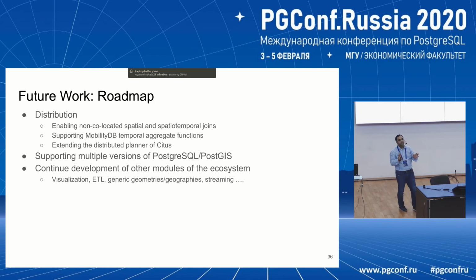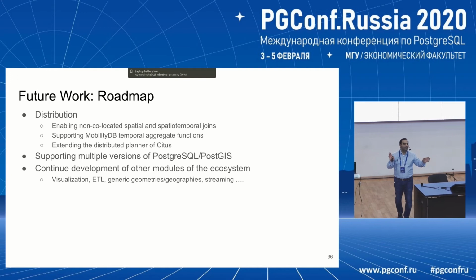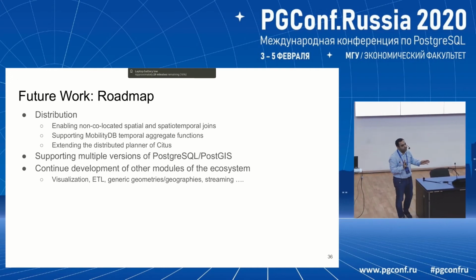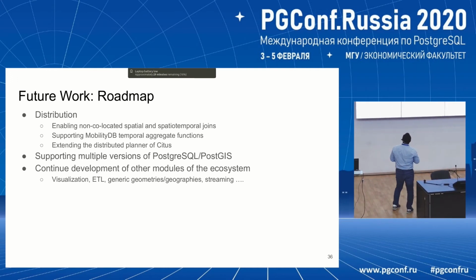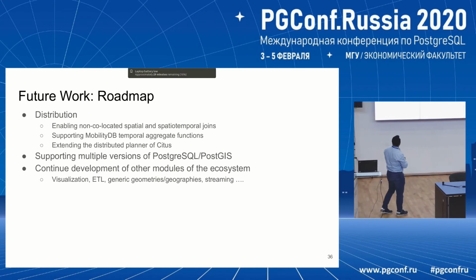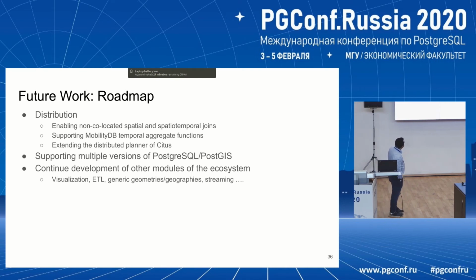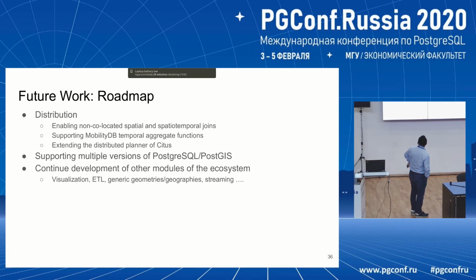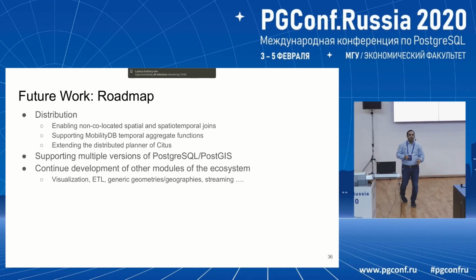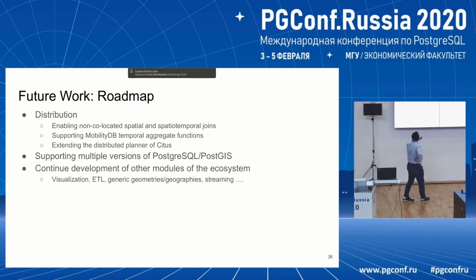But I have to say that this is more scientific. In practice, you don't meet this kind of queries often. We want to support multiple versions of PostgreSQL and PostGIS. Of course, you understand how much work is behind this to keep following all these versions. And we want to integrate MobilityDB with more tools in the ecosystem of PostgreSQL, especially visualization.